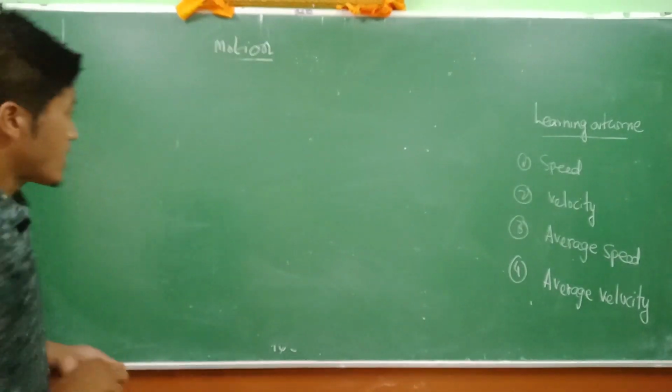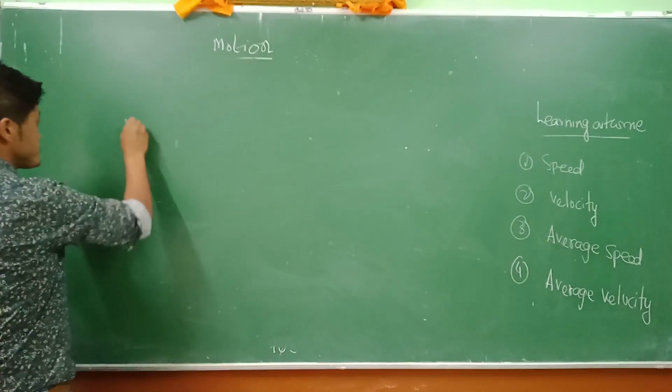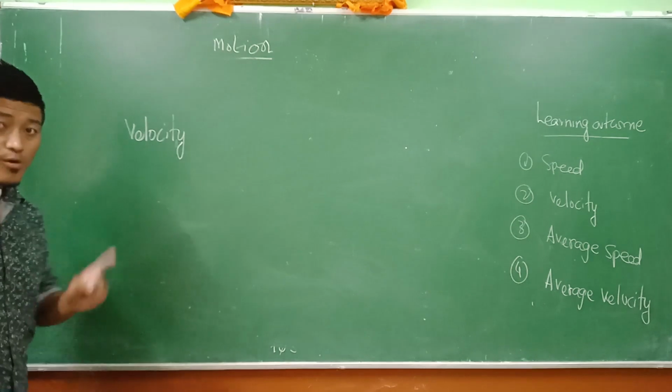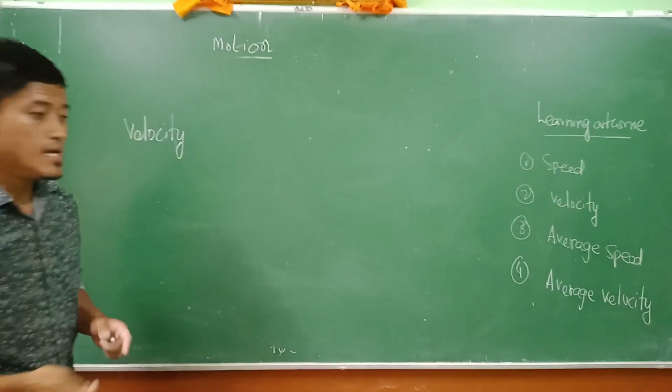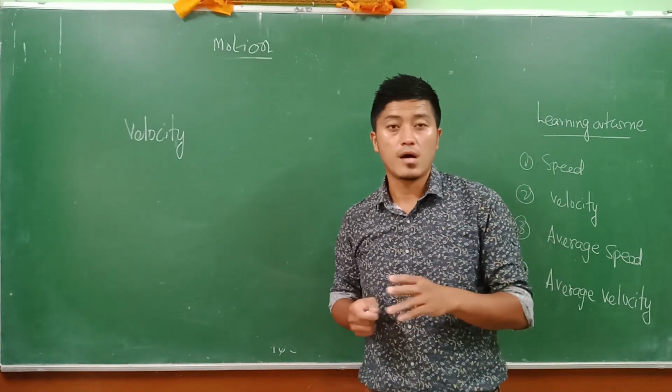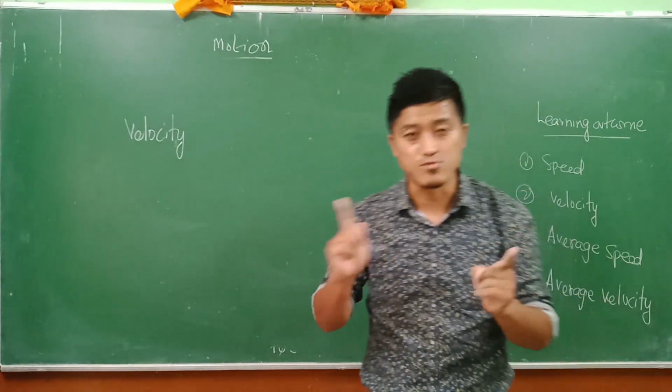Yes. So now, when we talk about velocity, there are two important things which you should keep in your mind. For example, when we talked about displacement, we talked about initial position and final position.